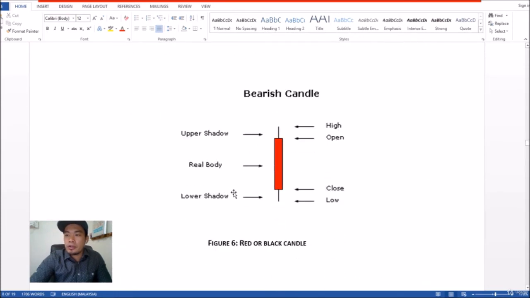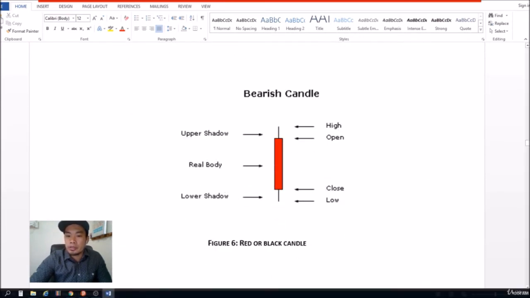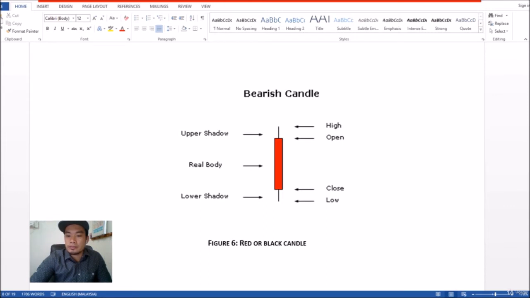For a bearish candle, it is the same, but it opens higher and closes lower, and it is red or black in color.